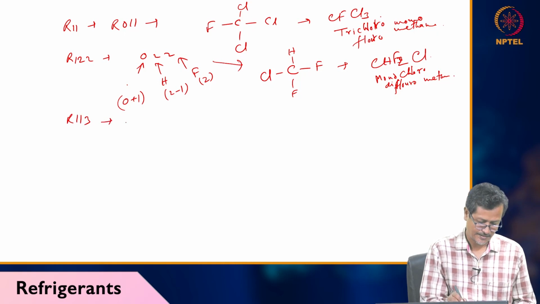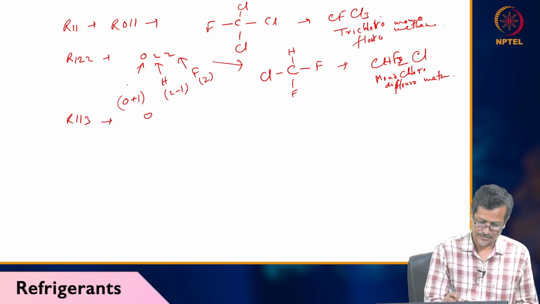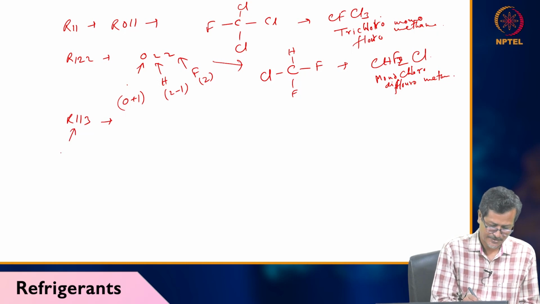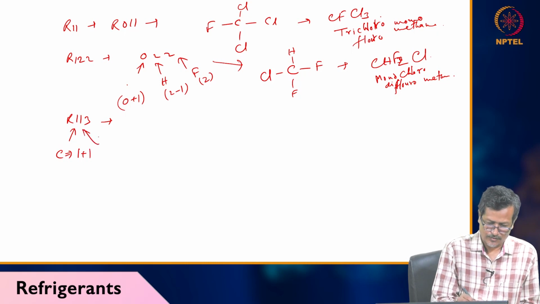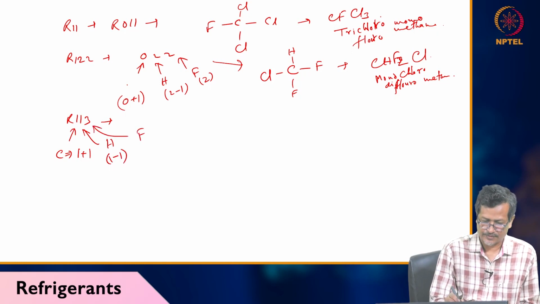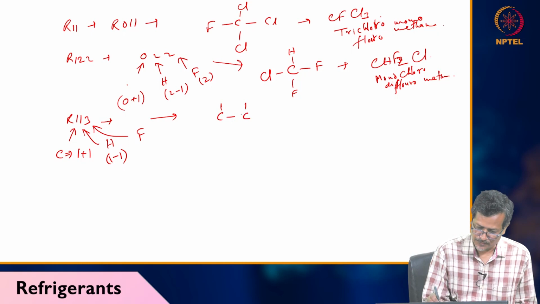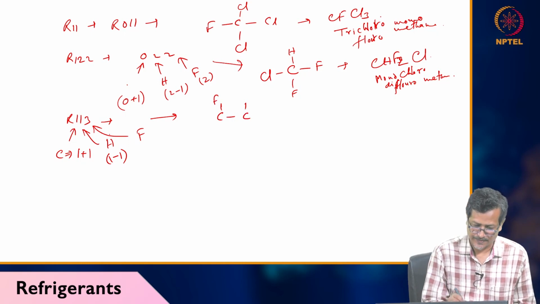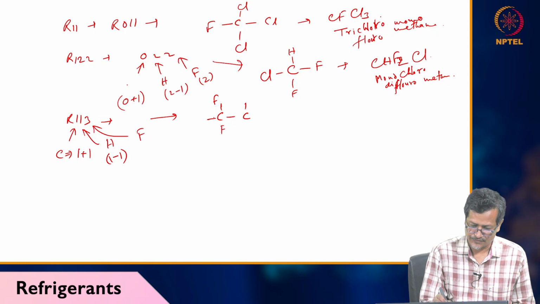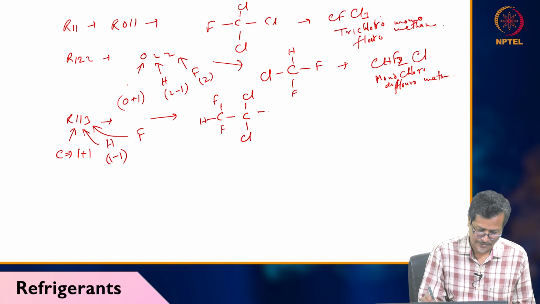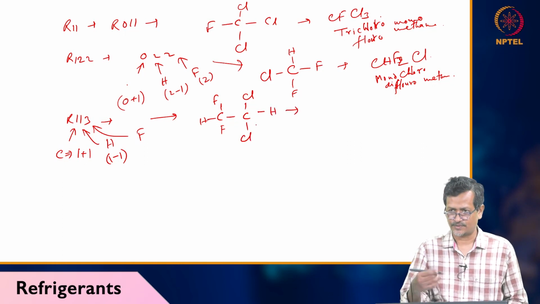Now R113. The formula is: 1 means carbon 1 plus 1, so 2 carbons will be there. The next 1 is for hydrogen, so 1 minus 1 is zero hydrogen, and 3 is for fluorine. The chlorine number is not given, so the remaining part will be chlorine.